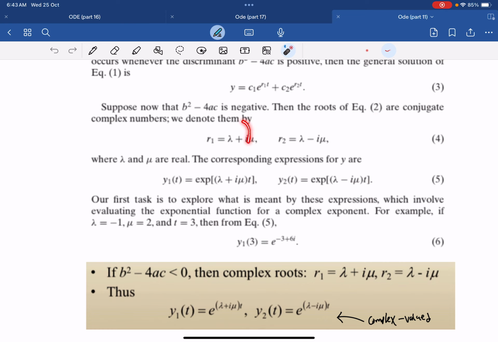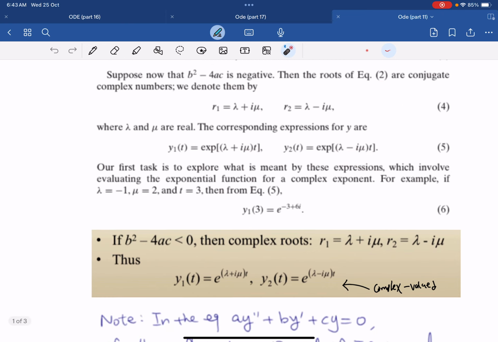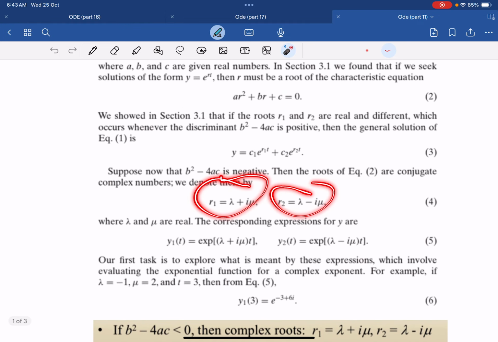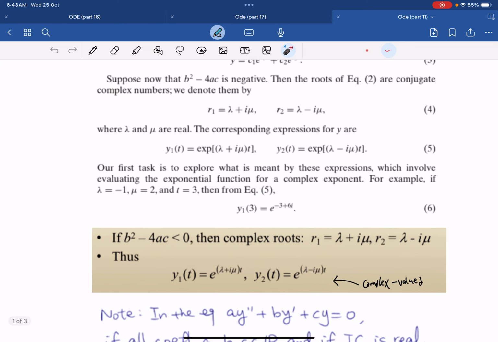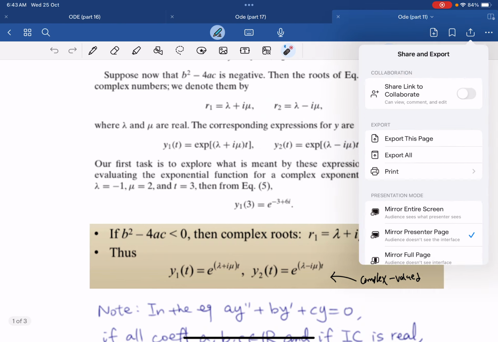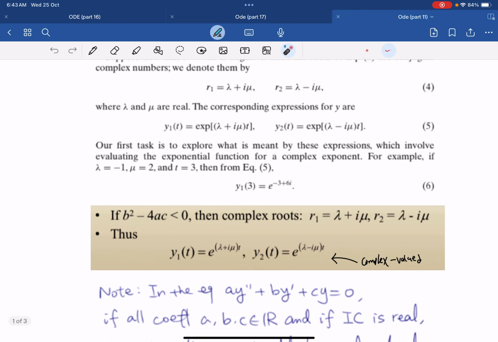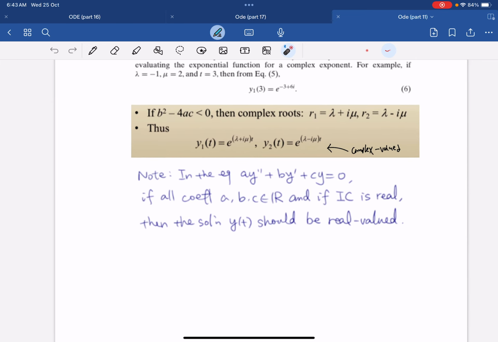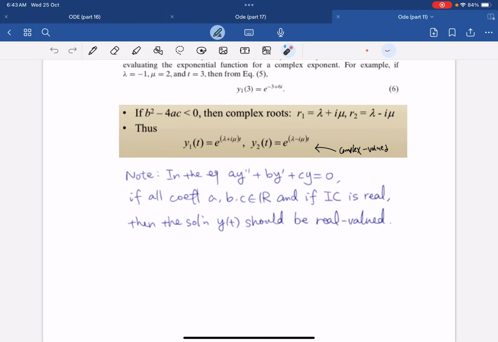So r1 now is this, so it's exponential of this, and y2 will be this. So what we understand is now we treat the complex roots as distinct roots, and with that we arrive at these complex valued functions.